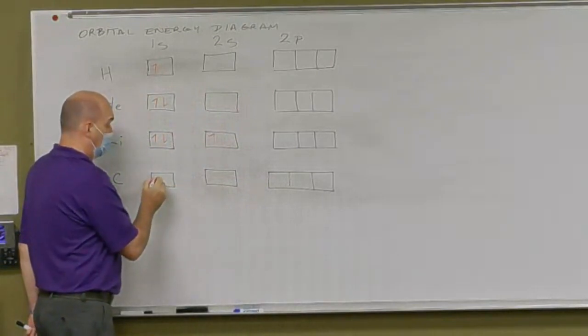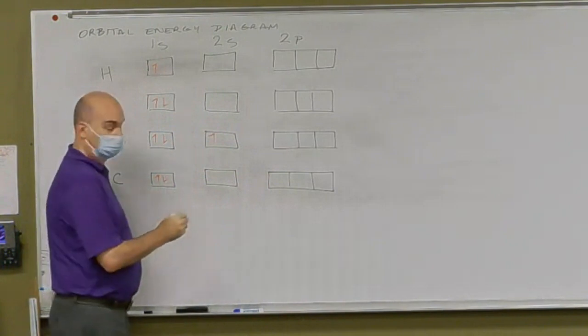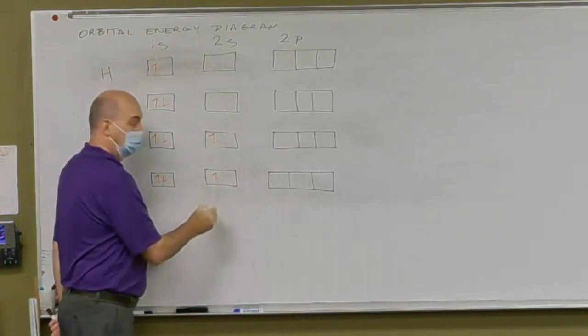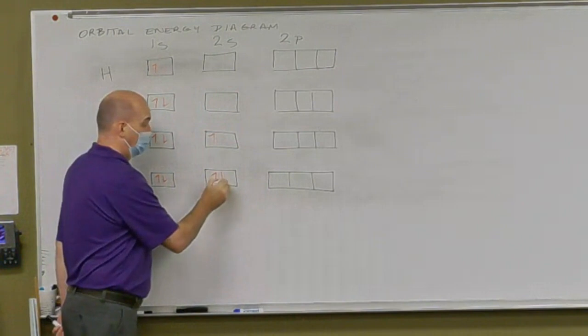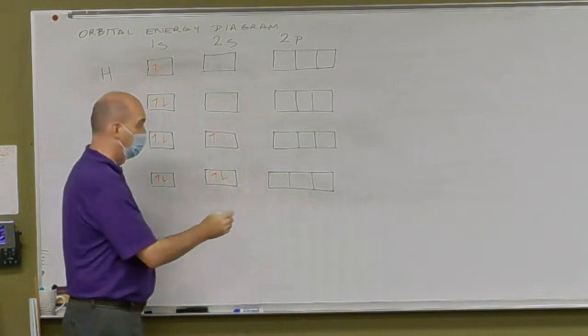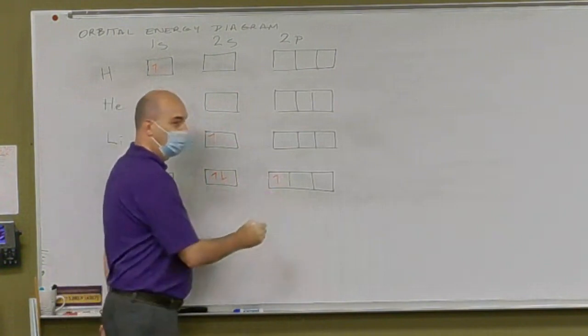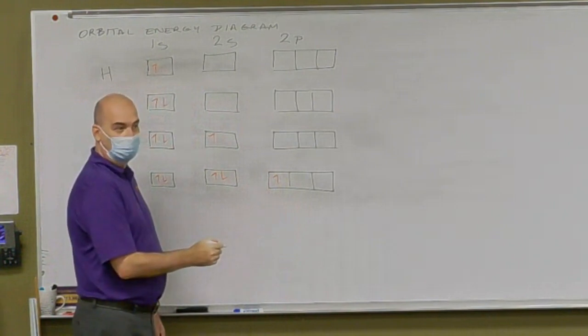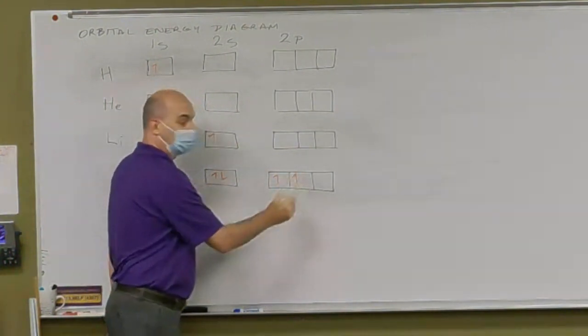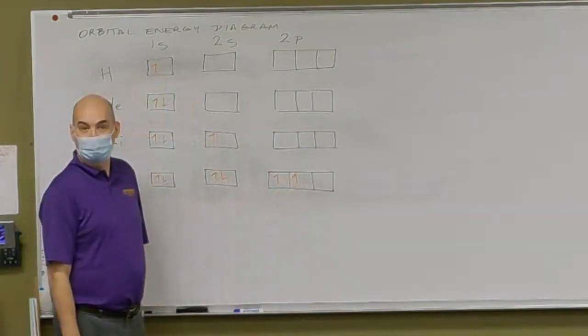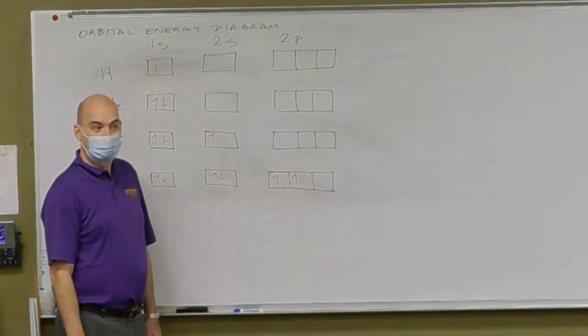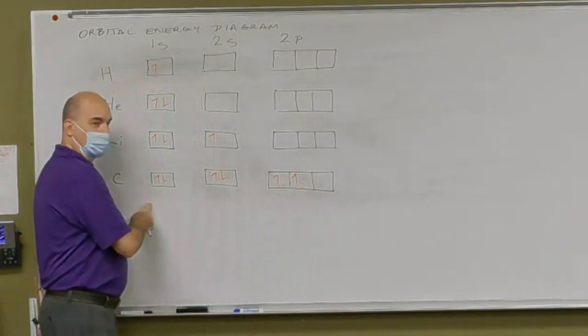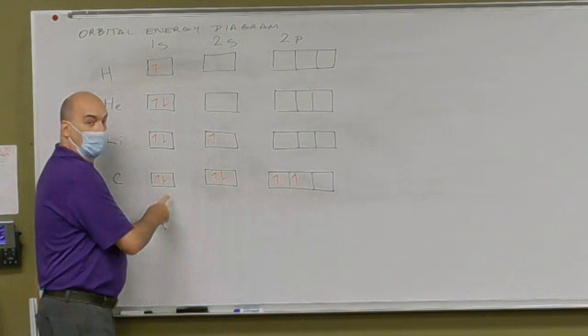Six. 1, 2, 3, 4, 5. Where does the next one go? Right. 6. Aufbau, start at the beginning.